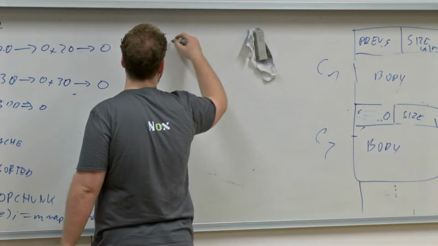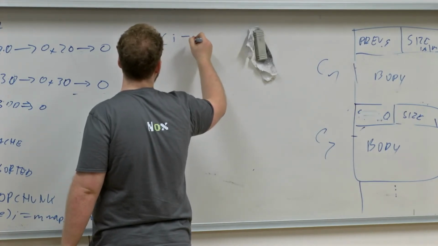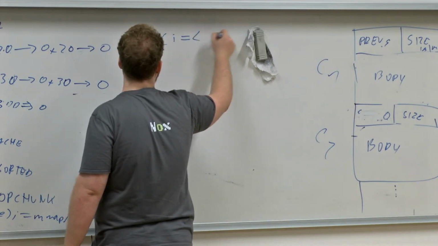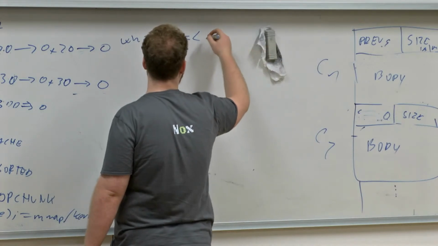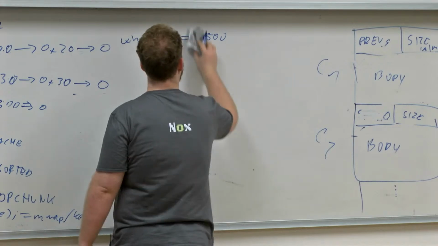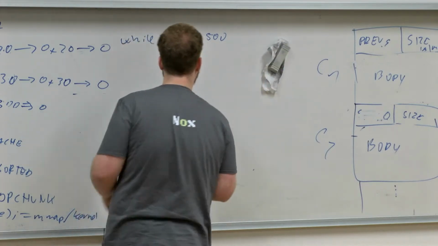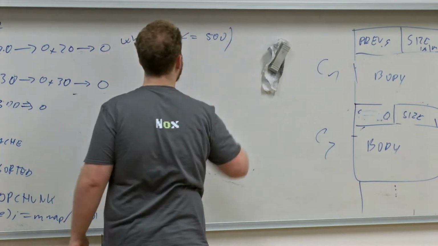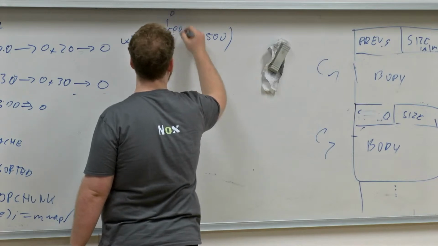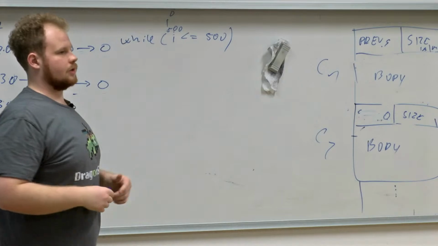while, let's say i is less than or equal to some value, 500, and you have i going from 0 to 500. How many bytes are being written here?